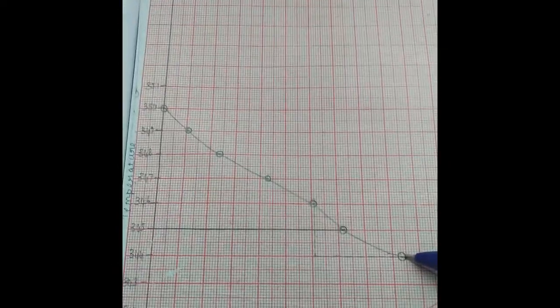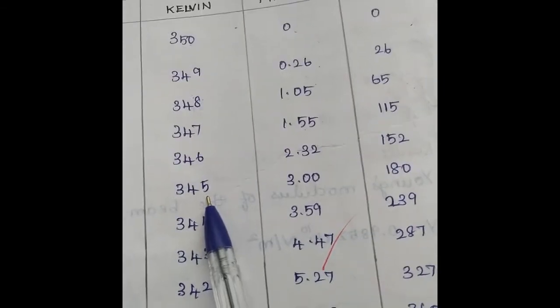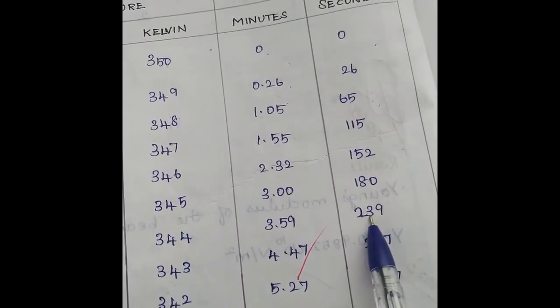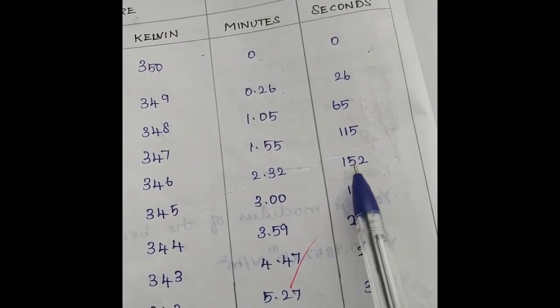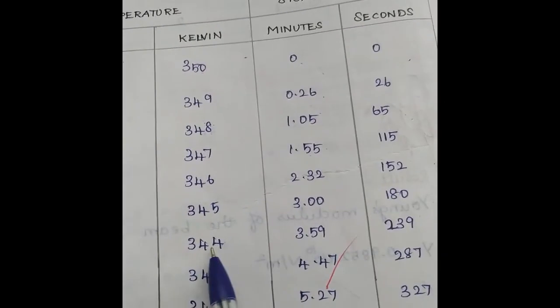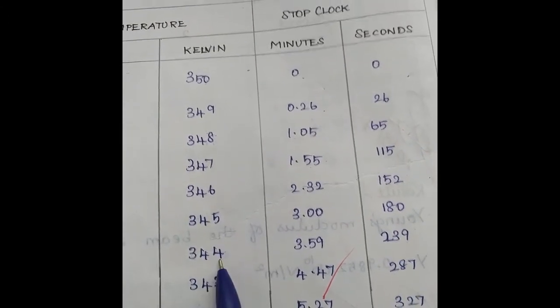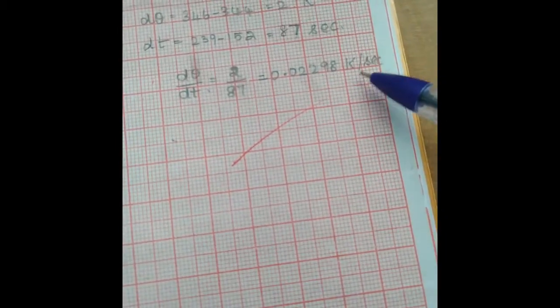Say for example, if 345 Kelvin is the steady state temperature, you take the slope for 346 and 344, that is at 152 and 239 seconds. So dt will be equal to 239 minus 152 and d theta will be 346 minus 344. That will give you the value of d theta by dt, in Kelvin per second.